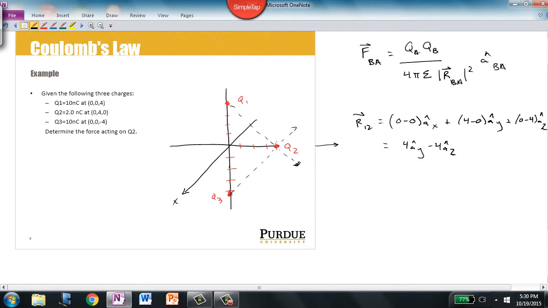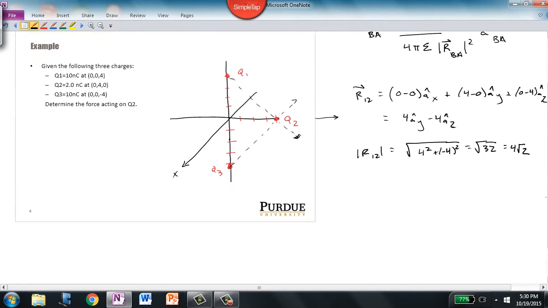The magnitude of R12 is equal to the square root of 4 squared plus minus 4 squared. So that's 16 plus 16 equals root 32, or 4 radical 2. The unit vector pointing from Q1 to Q2 is just this vector divided by its magnitude.